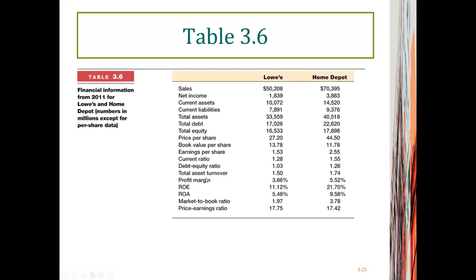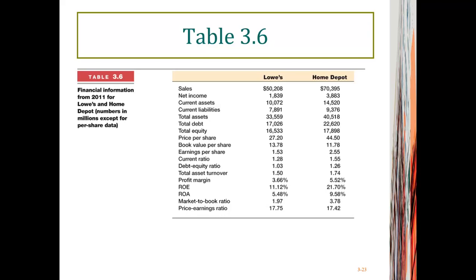The debt to equity ratio is higher for Home Depot, which means Home Depot utilizes more debt than Lowe's. Profit margin is higher for Home Depot, 5.5% versus 3.66% for Lowe's, which means Home Depot is doing more profitable business. In terms of ROE, you see a huge difference: 11% for Lowe's and 21.7% for Home Depot. So Home Depot does a much better job than Lowe's in generating profits for its shareholders.